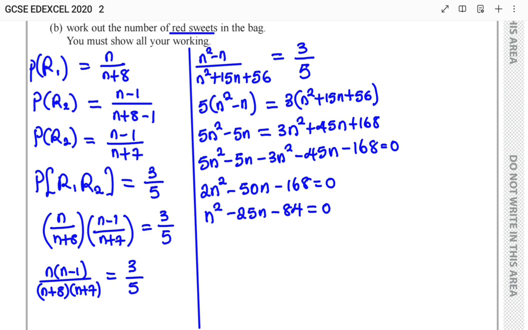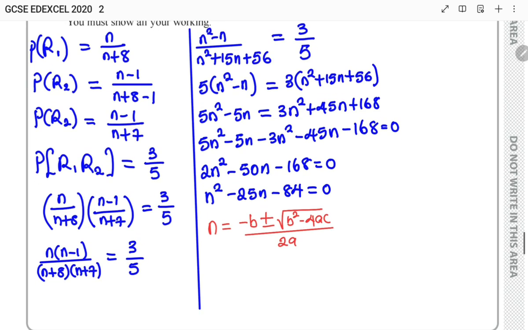But if you get to this and it's a bit confusing, our advice is that you use the quadratic formula. So this is it: n equals minus b plus or minus the square root of b squared minus 4ac, divided by 2a. Using this will save you a lot of stress.